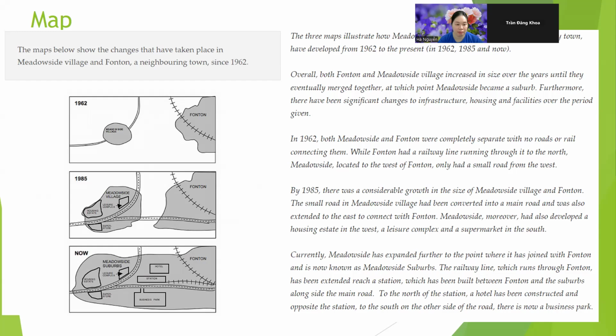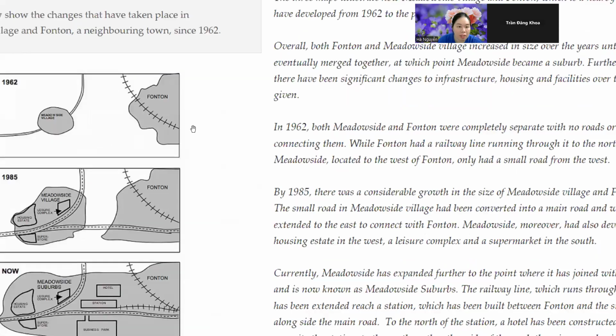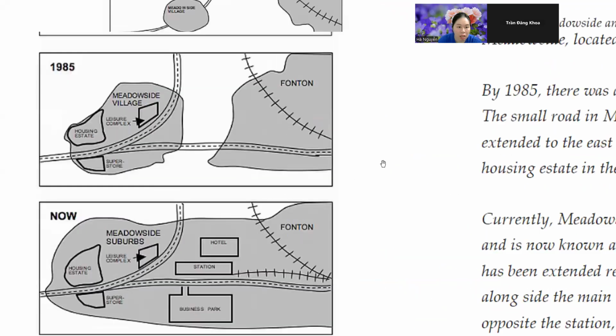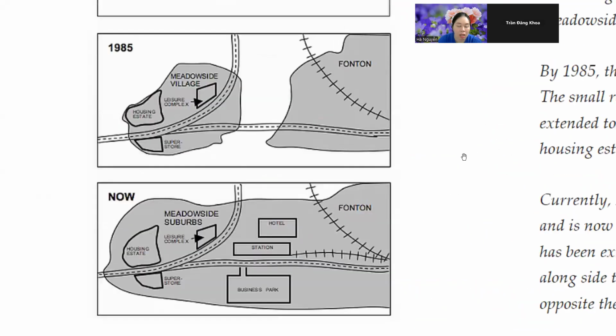And Meadowside Village has some, let's see, what's the word for it? I don't know what the word is, but some... So there are leisure three... complex, housing estate, and superstore. Good job. So there are three details added here. Good job. Now, from 1985 until now, what happened?